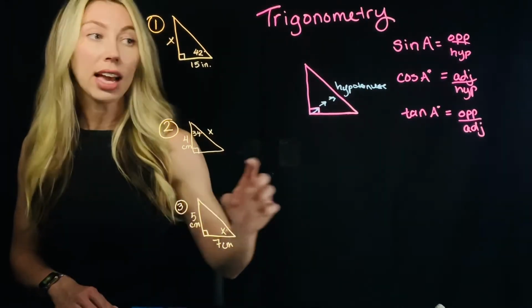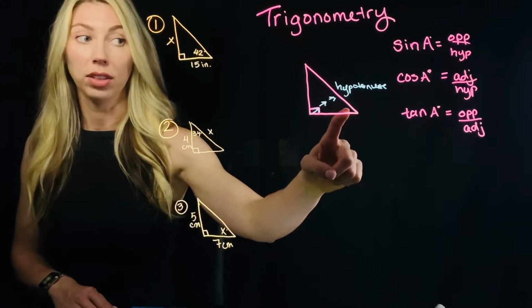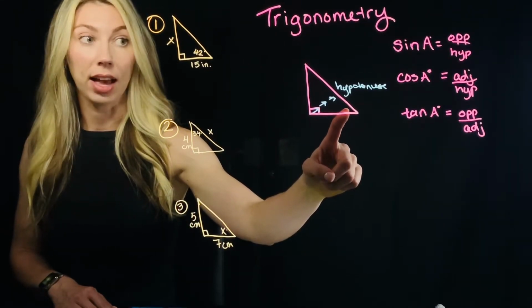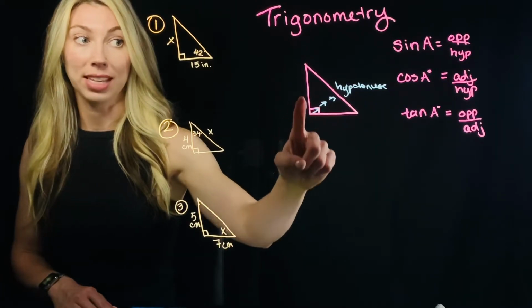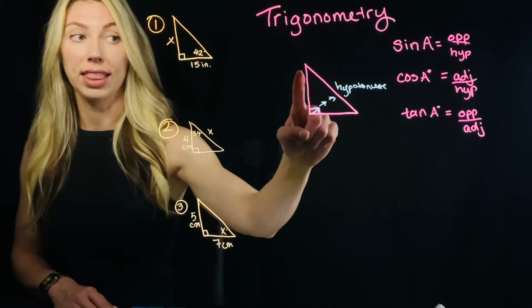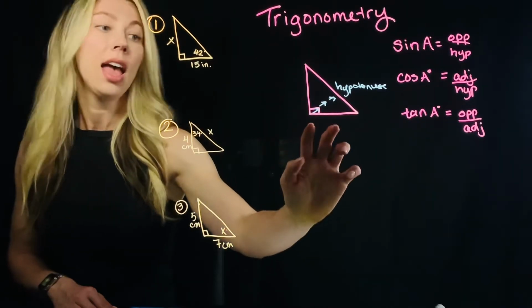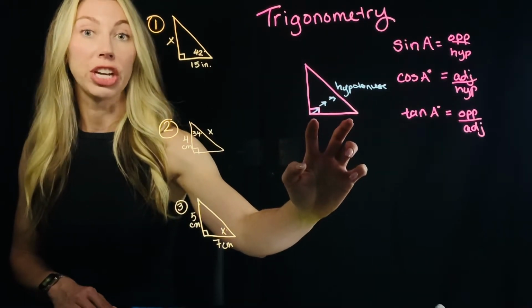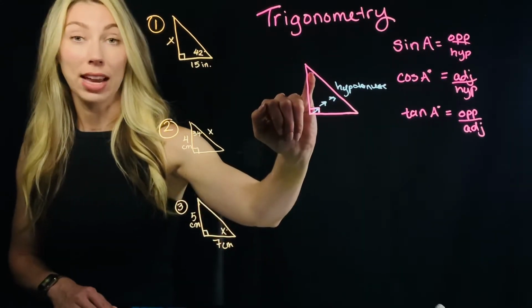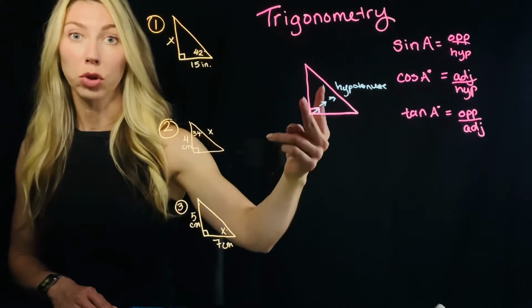So if you decide to use this angle, let's say, in your right triangle, then your opposite side will be this side over here, the side that does not create that angle. So this angle would have this side that's opposite from it, and this side down here would be your adjacent side. However, if you decided to use this angle up here, those terms are going to switch.